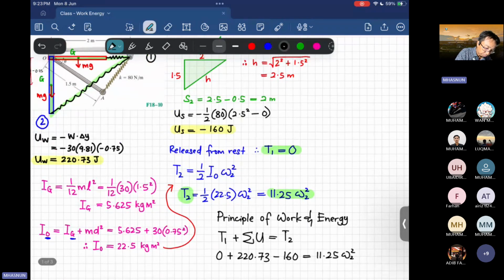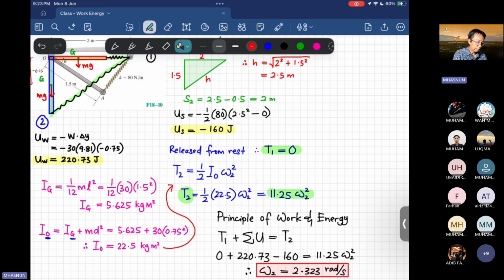Therefore finally we can get the value of omega 2, which is equal to 2.323 radian per second. This is the final answer for this question.